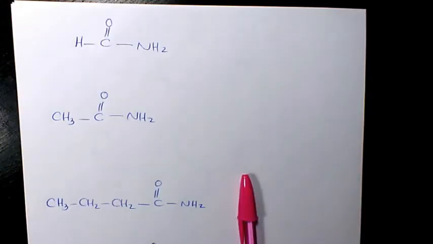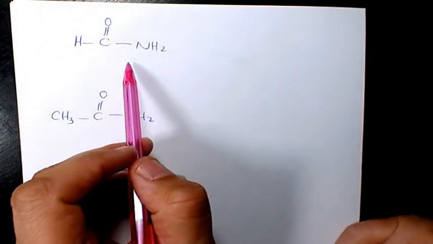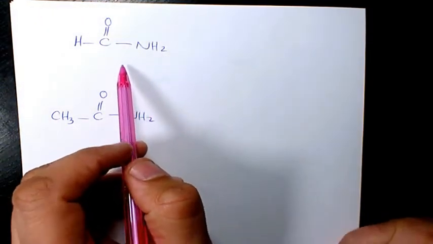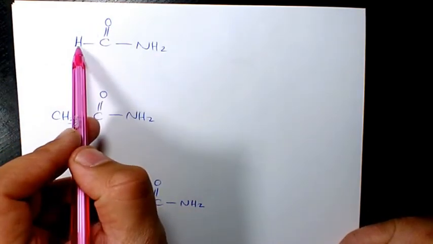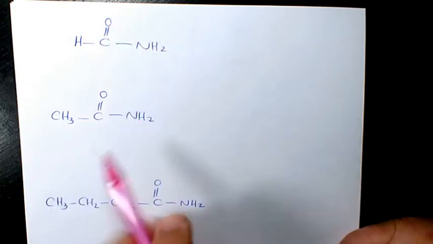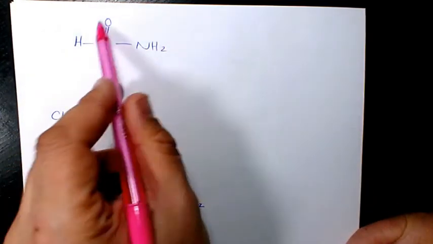Let's see how to name these amides. All amides end with amide. The first one, which is the simplest amide, contains a carbonyl group. On one side we have hydrogen, and the other side we have NH2. So that's the simplest form. It's coming from methane.